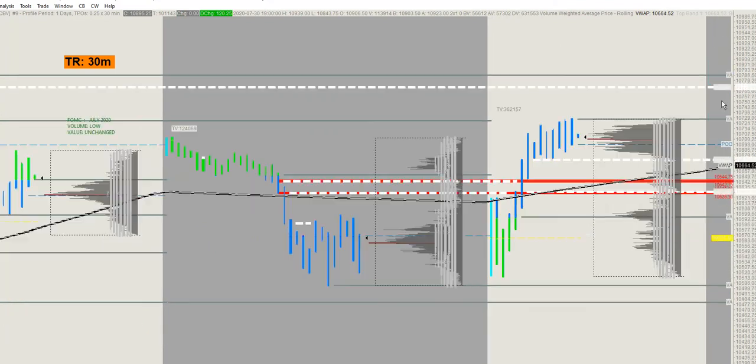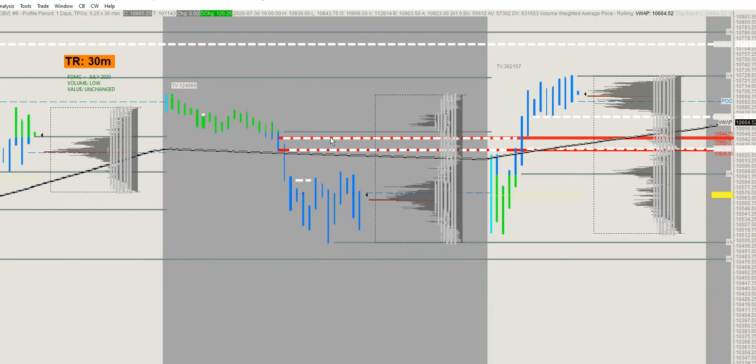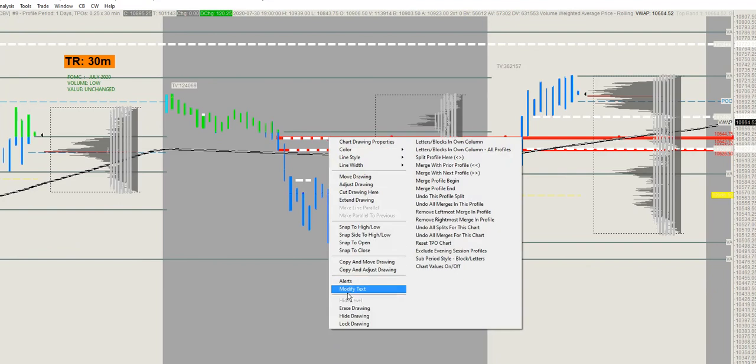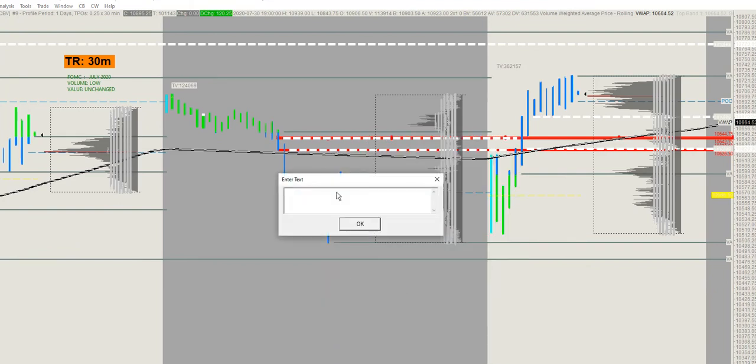As you can see, on July 29th, with Sierra Chart you're able to add notes to the lines that you put in. So, 29th of July, single print.